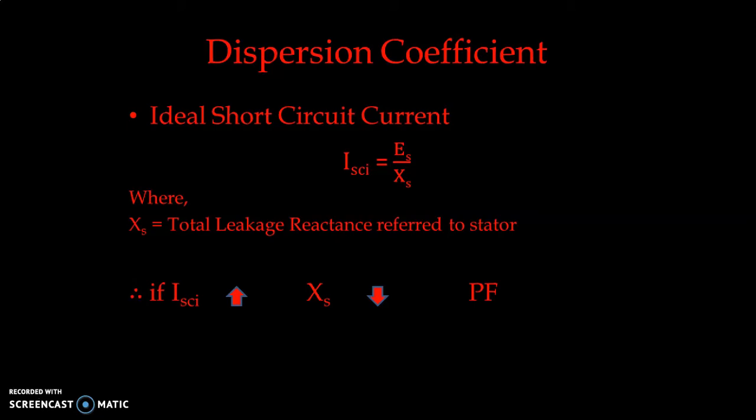If the leakage reactance is decreasing, then our ideal short circuit current will increase. And the dispersion coefficient is inversely proportional to the ideal short circuit current. So if the ideal short circuit current is increasing, definitely the power factor will also increase.